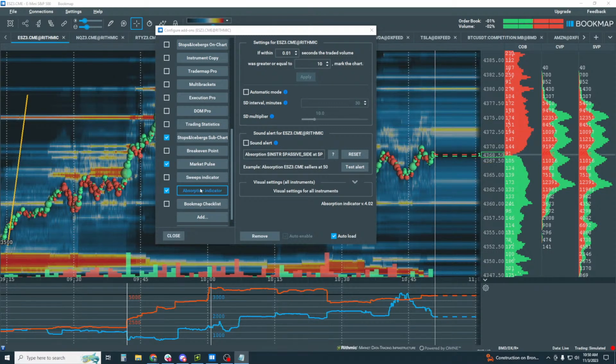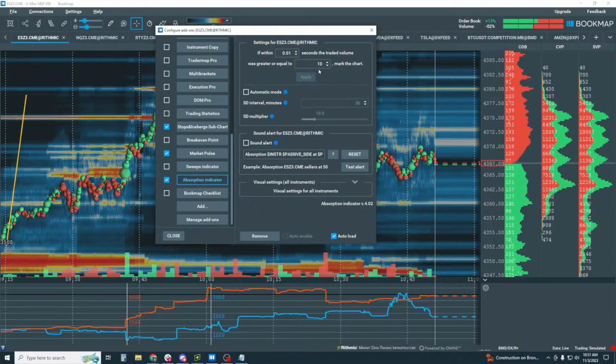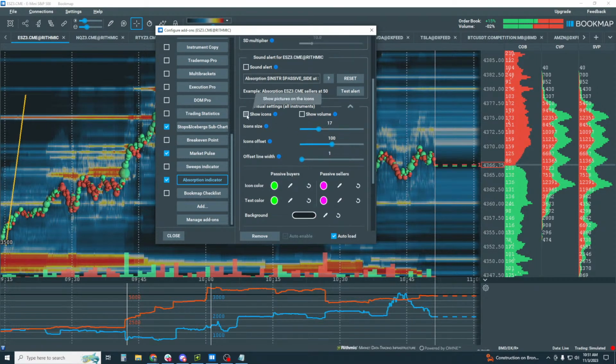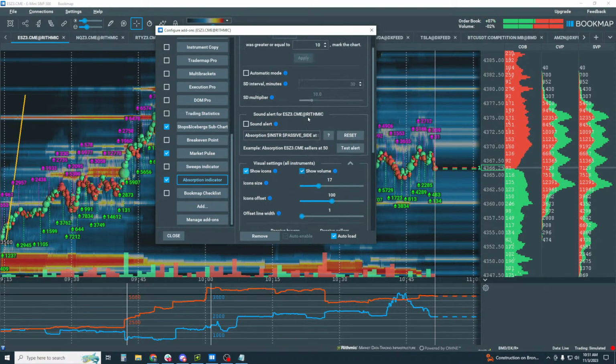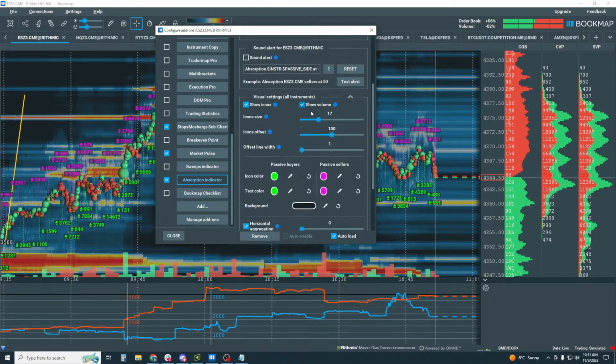All right, so first thing, let's add the absorption here. Okay, so selected. I've downloaded it. I've added it using the add button here. Then I've added it here, selected it, and then in here you can see that if I show the icon and show the volume in here, because I made the setting very, very low here, I'm going to get a lot of output, right?